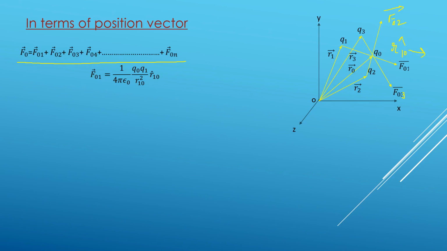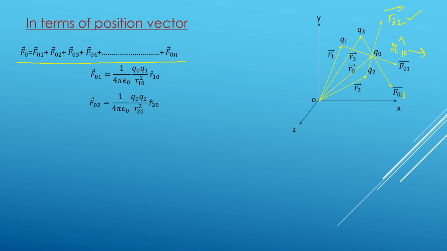F naught 2 is the force between Q naught and Q2. F naught 2 will be equal to 1 upon 4 pi epsilon naught, Q naught Q2 over R2 naught squared, R2 naught cap. R2 naught cap is the unit vector from Q2 to Q naught.